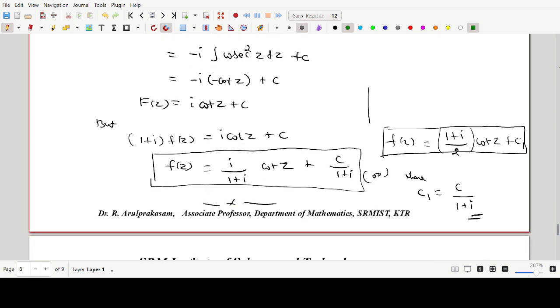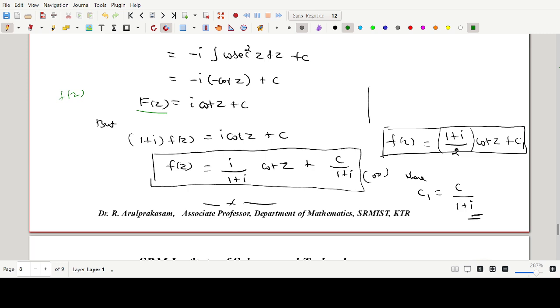But this is not our corresponding analytic function. Our corresponding analytic function is small f of z. What is the relation between these two? Simply, capital F of z relates to small f of z as: 1 plus i into small f of z is equal to i cot z plus c. Dividing by the complex number on both sides, small f of z is i divided by 1 plus i into cot z plus c divided by 1 plus i.